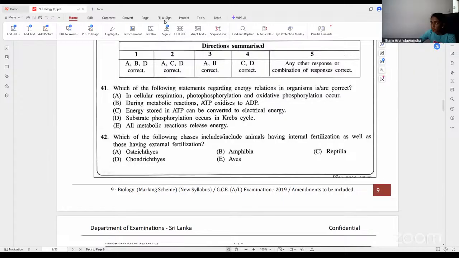Hi. Now I'm going to the next question. The first one. Which of the following statements regarding energy relations in organisms is not correct? In cellular respiration, photophosphorylation and oxidative phosphorylation occur.